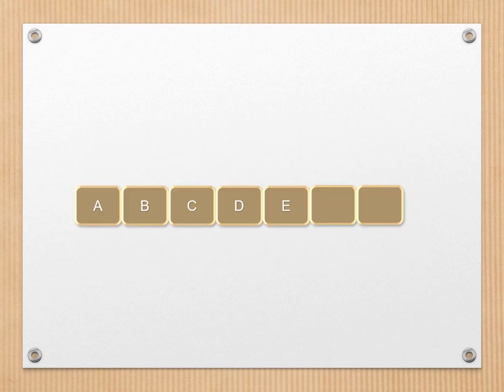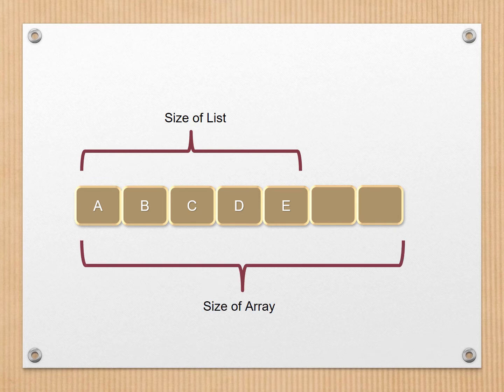If we want to insert, and we intend to insert one element X at index 2, this insertion is possible because the size of the list is still less than the size of the array. However, if the size of the list is already the same as the size of the array, it is not possible to add anything else.